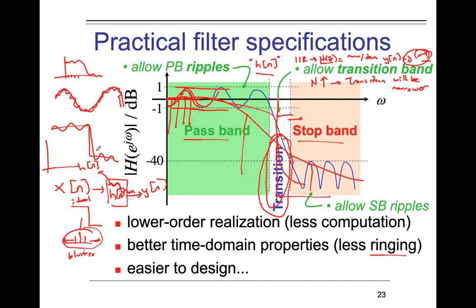Filter better means like this, değil mi arkadaşlar? For example, I have an ideal filter. Let's say my cutoff frequency is 100 hertz. For 99 hertz, what is the attenuation level? 1. For 101 hertz, what is the attenuation level? 0. So I can differentiate and filter sharply between two very close frequencies, right?